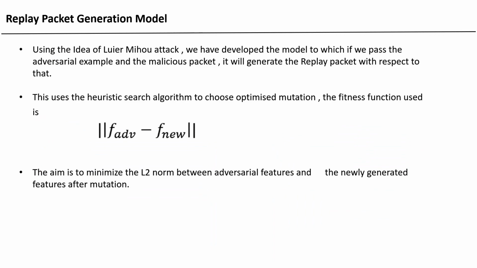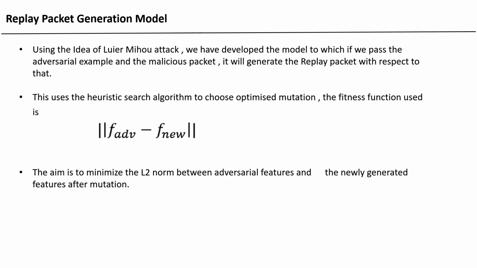Now, taking the idea from the LM attack model, we created a model that takes the malicious packet and adversarial packets generated by performing mutation on the malicious packet. We generate a new packet and check its similarity to the adversarial features. To do so, we use a searching algorithm called PSO. It gives the optimal mutation value to maximize the similarity.